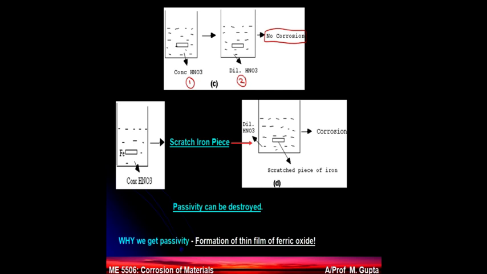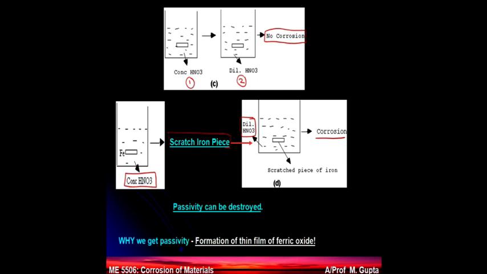So again he took a similar piece of iron and put it in concentrated nitric acid, but this time he scratched the surface of the iron piece. After he scratched the surface, he placed that piece into dilute nitric acid, and this time he saw that the material is interacting with the dilute nitric acid.